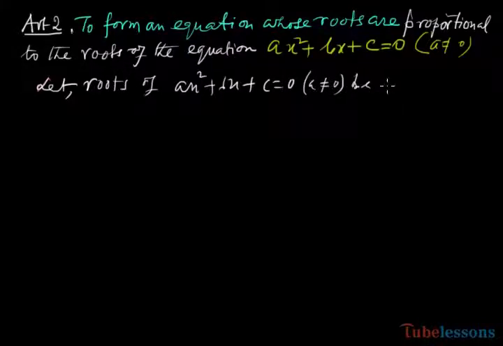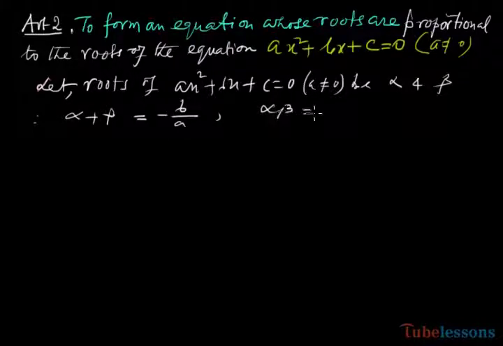So alpha plus beta is equal to minus b by a, alpha beta is equal to c by a.